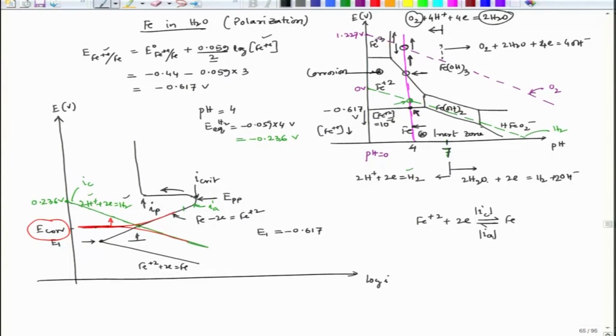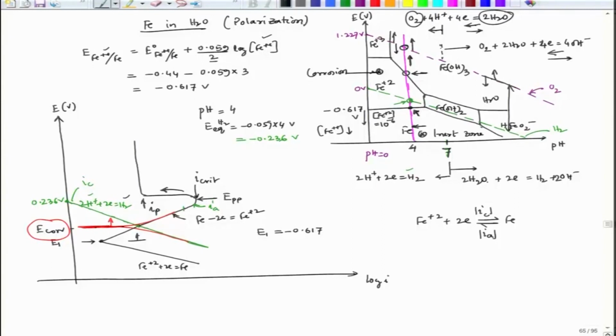So, beyond this line the reaction will move this way, and below this line the reaction would move this way. So, between these two lines we have the H2O stable zone.